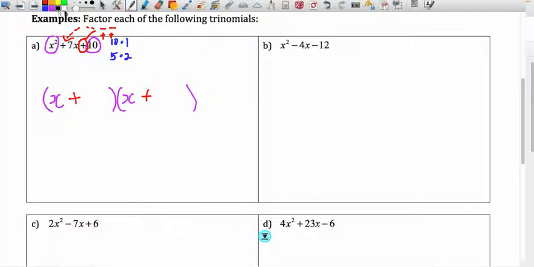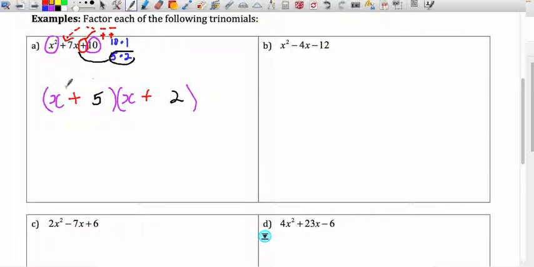And the last piece of the puzzle is to figure out which pair of factors is going to add or subtract to give us the middle term. Very clearly in this case, the 5 and 2 will be added to give us the 7, and so I can put those into either parenthesis because the parentheses are the same. This isn't a requirement, but I'll give you a quick reminder.